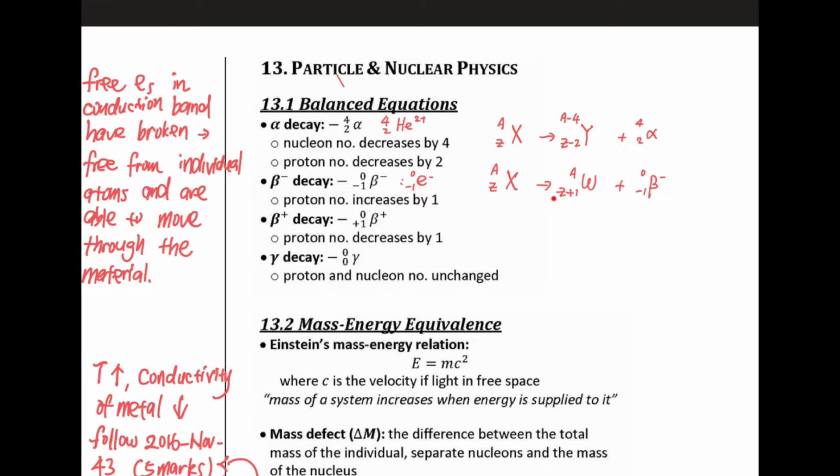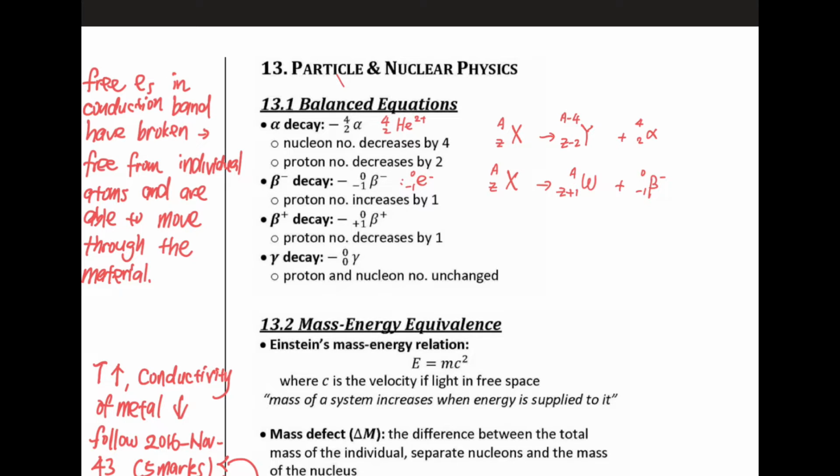So it means when this element X releases beta minus, the proton number increases by 1, meaning that 1 proton is produced. So maybe you're wondering, how come the nucleon number does not change?